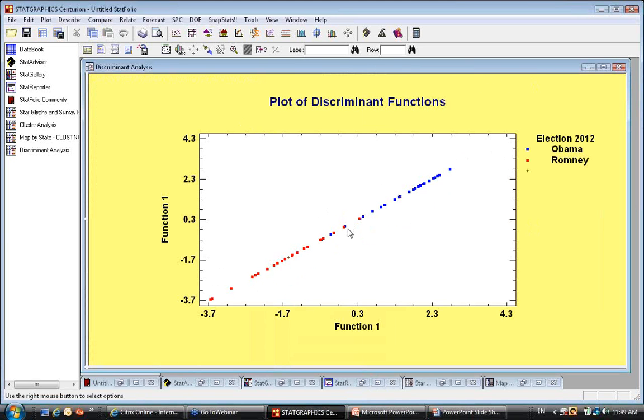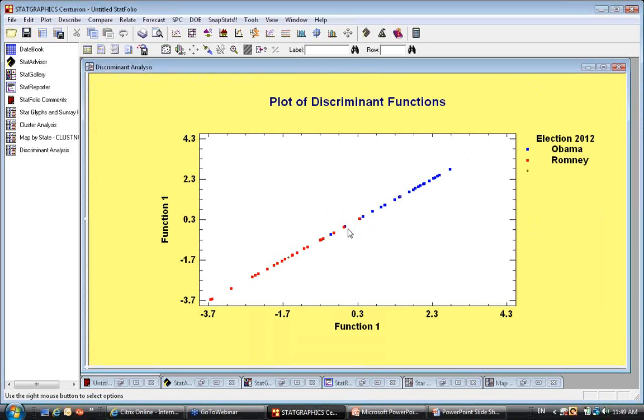Now, there's a little bit of overlap, meaning there would be a little bit of misclassification based upon this single discriminant function. There's a little bit of overlap of the reds with the blues. But by and large, the discriminant function separates the Obama states from the Romney states.